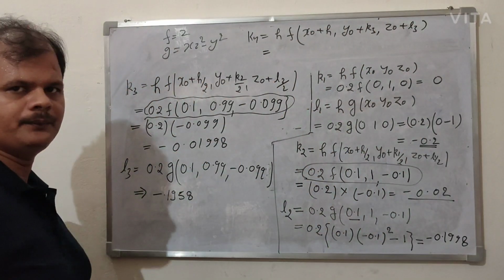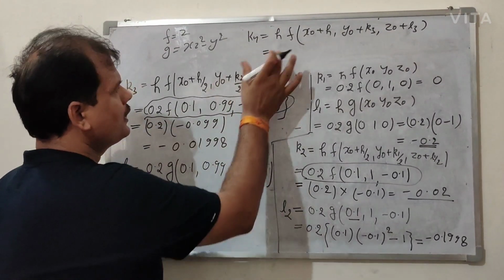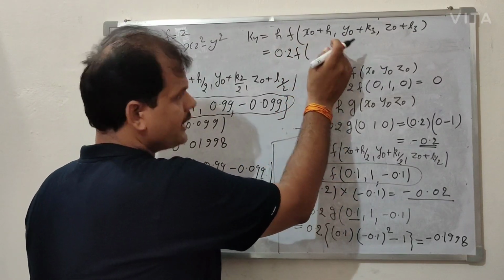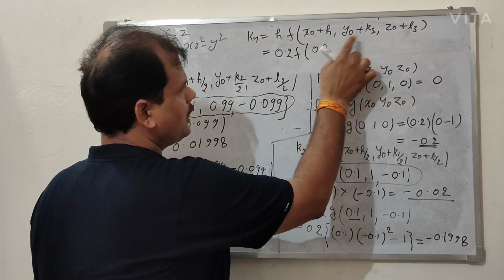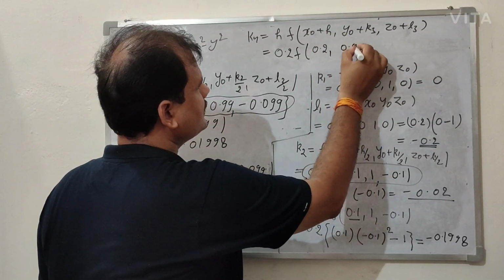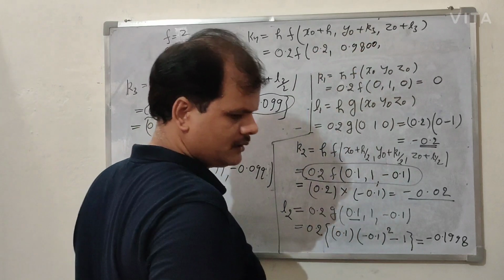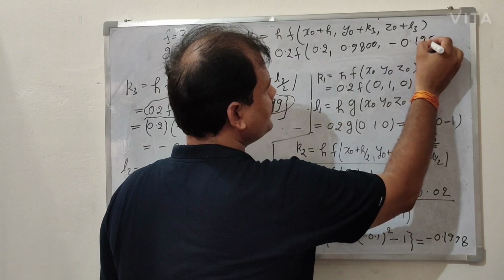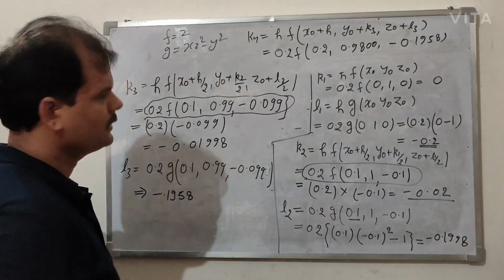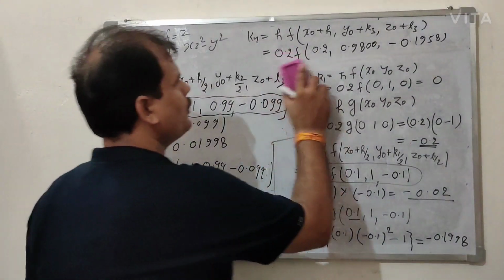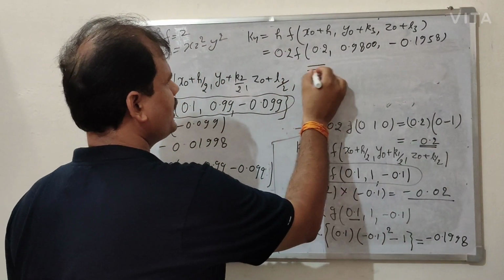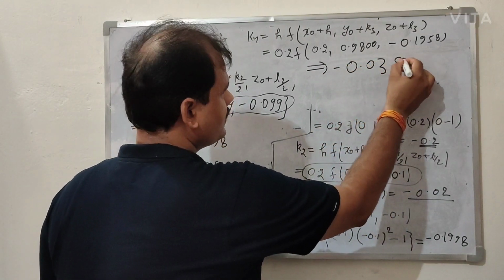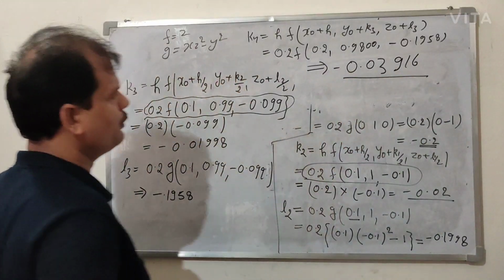For K4 we have h equal to 0.2, and f, if you calculate x0 plus h, we get 0.2, and y0 plus k3, so we have 0.9800, comma z0 plus L3, so we have minus 0.1958. If you calculate, we get the answer here. K4 will be 0 minus 0.03916. So this is your K4.